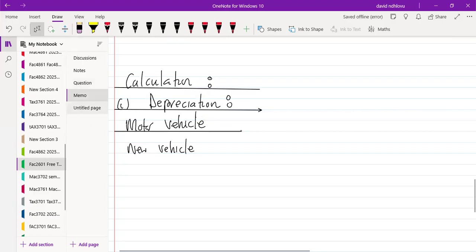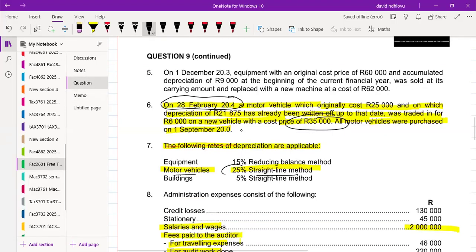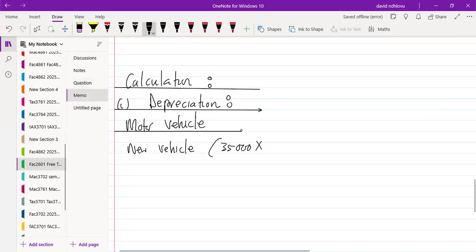So what is the formula for the straight line method, good people? It's the cost price of the asset multiplied by the rate, in which the rate is 25% for motor vehicle. Then the answer that we get, we multiply by the number of months that the asset was used for in the current year.